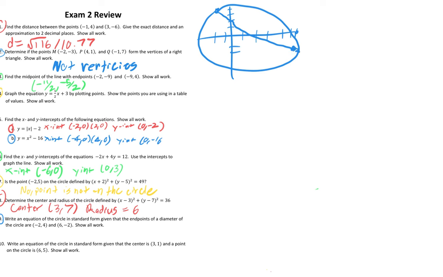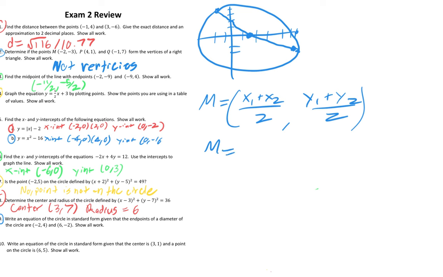These are the two endpoints. We want to find our center point, right? It might not be on this x-intercept, but we want to find that. So to do that, we want to find our midpoint to find what the center is. So the midpoint is equal to (x1 + x2) over 2, and (y1 + y2) over 2, right?